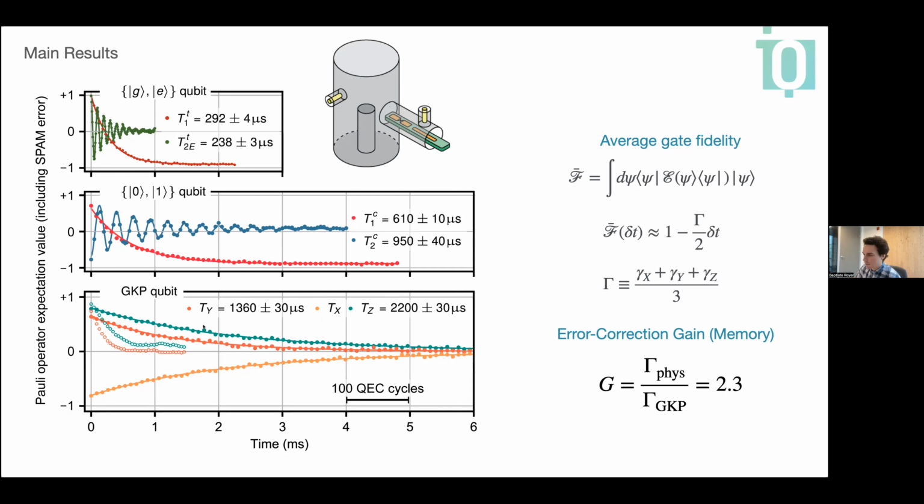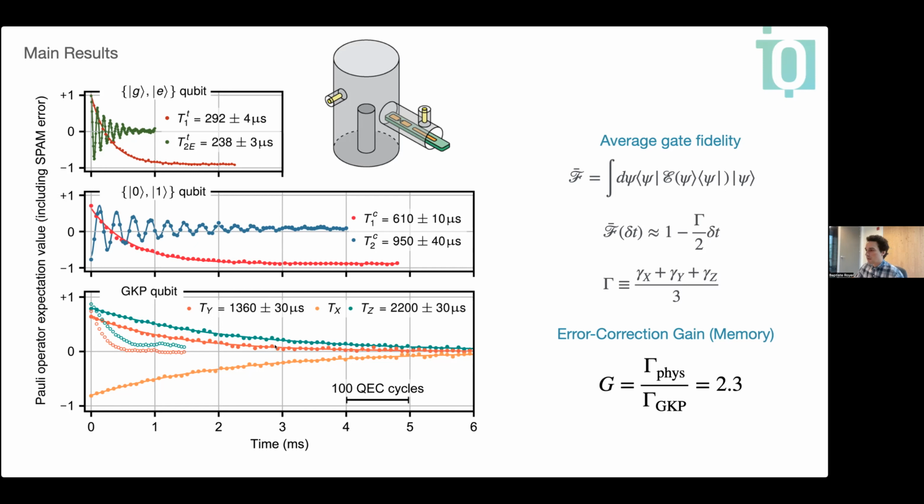Here, the full dots are with error correction, and the open dots are the lifetime of the GKP code words without any correction. So it's below both the full dots and the qubit, because the GKP code states have many photons. In this case, an average of 5 photons in each code word.